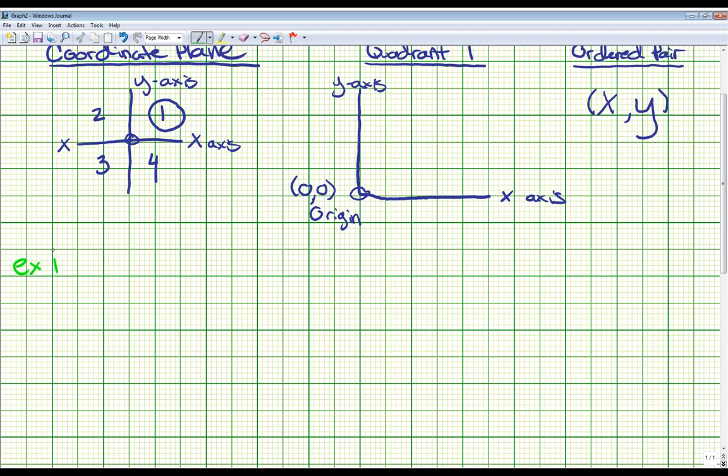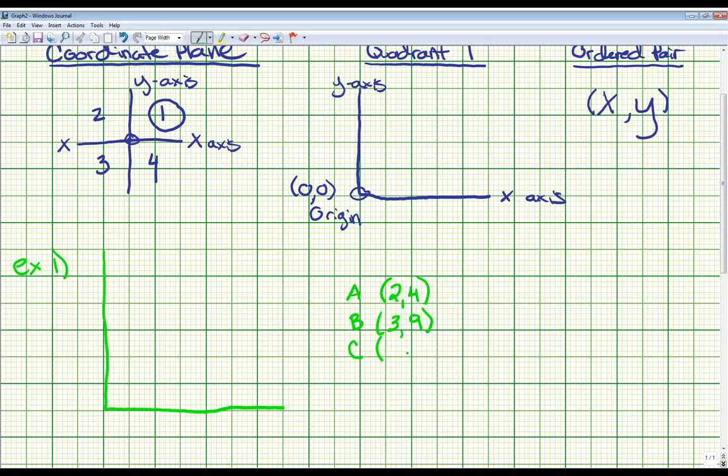So we'll write example 1. We'll draw out our y-axis, and we'll draw out our x-axis, and we'll be able to plot these ordered pairs. So we're going to list our ordered pairs in example 1 over here. So A, they told us, is going to be at (2, 4). B is going to be at (3, 9).